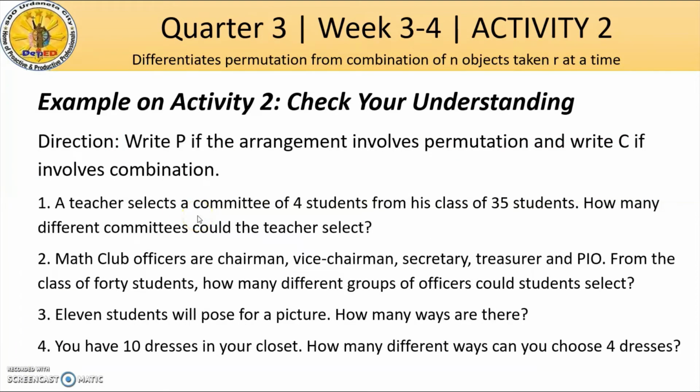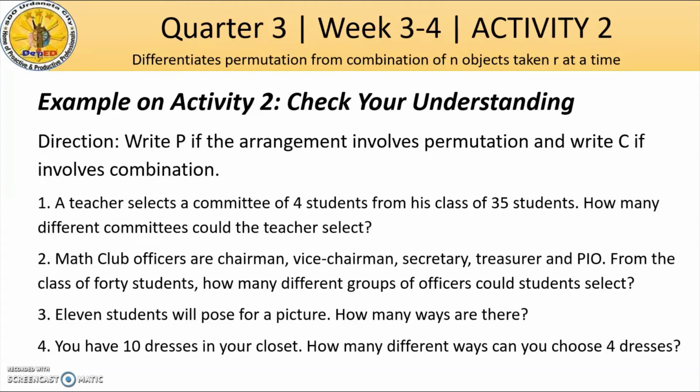Example on Activity 2, Check Your Understanding. The direction: write P if the arrangement involves permutation and write C if it involves combination. Number 1. A teacher selects a committee of 4 students from his class of 35 students. How many different committees could the teacher select? Number 2.